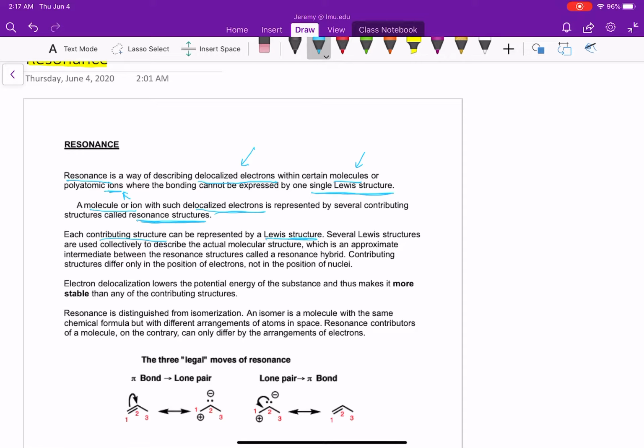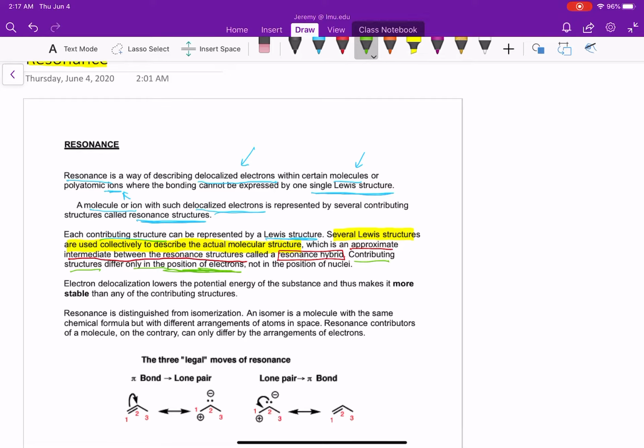So several Lewis structures are collectively used to describe the actual molecular structure. And the actual structure is an approximate intermediate between all of the resonance structures, and that's called a resonance hybrid.